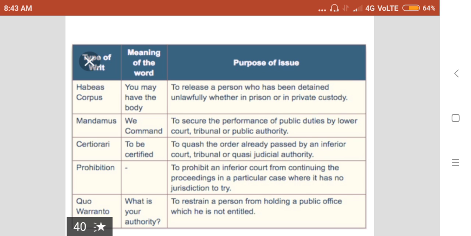The purpose of this writ is to prohibit an inferior court from continuing the proceedings in a particular case where it has no jurisdiction to try. Fifth writ, quo warranto. The meaning of quo warranto is what is your authority. The purpose of this writ is to restrain a person from holding a public office to which he is not entitled. So let's go into detail.